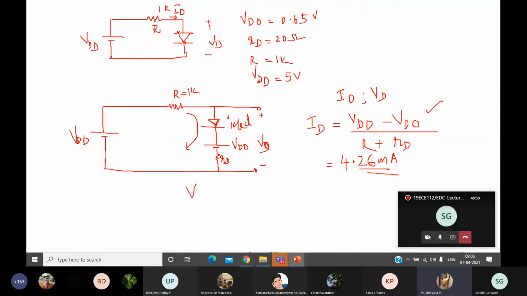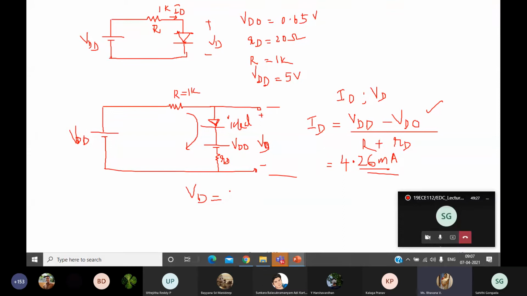And what about VD? VD is the total voltage. Tell me, what will be VD? Open your mouth and give the answer. VD is taken across these two terminals. You have VD naught, you have RD, the drop across RD.